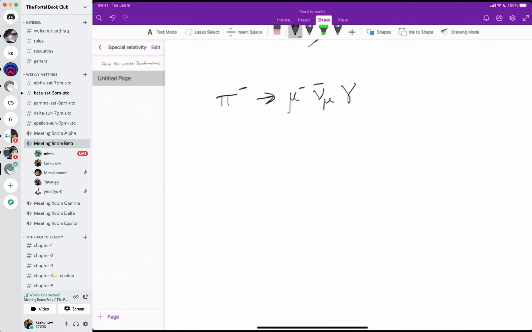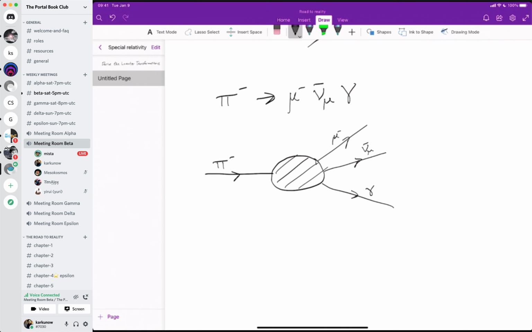So this is a more complicated interaction for sure, but it looks something like this, where you have a pion coming in, something happens in the middle, and then you have a muon, a muon neutrino, and then a photon.